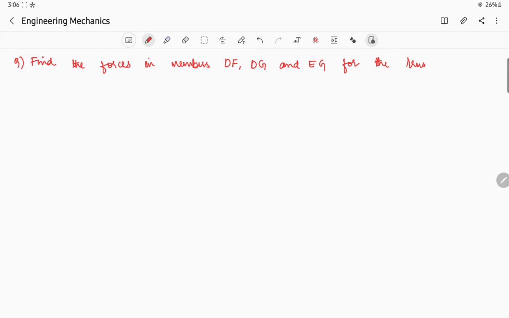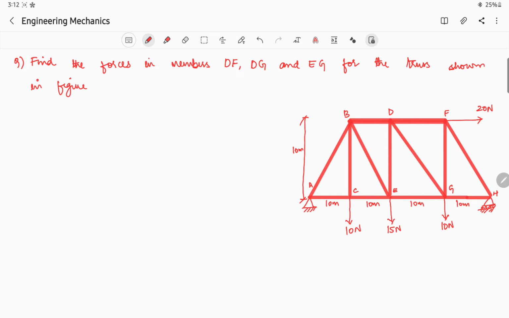The truss is given in the question. This is the figure given to us, and the question is to find the forces in members DF, DG and EG for the truss shown, using the method of sections.